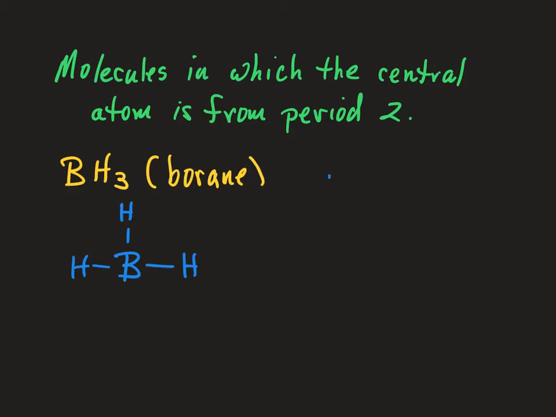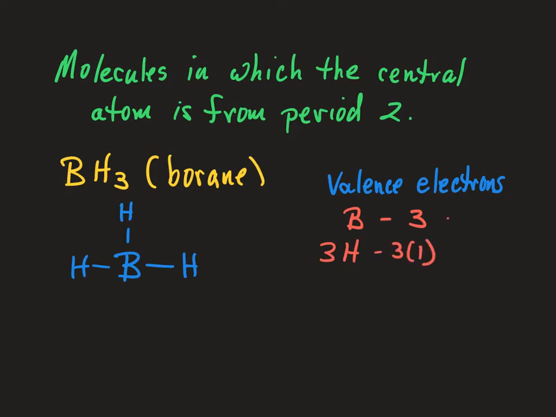Then we'll add up the available valence electrons. Boron has 3 valence electrons. Each hydrogen has 1 valence electron. And so we've got a total of 6 valence electrons to account for in our structure.